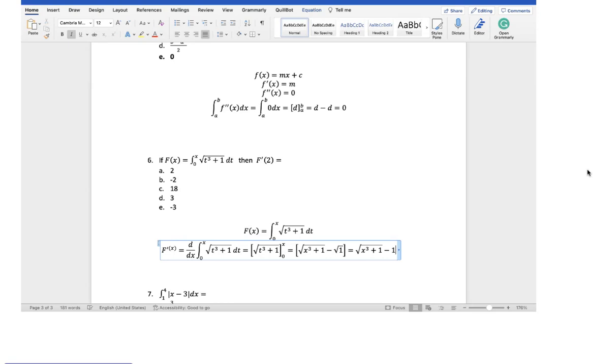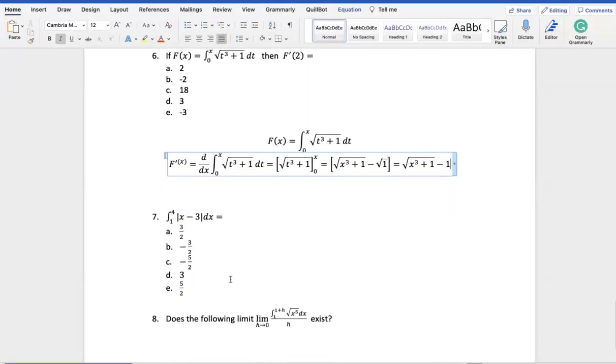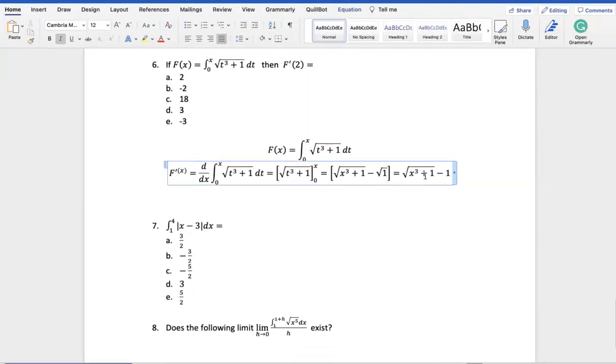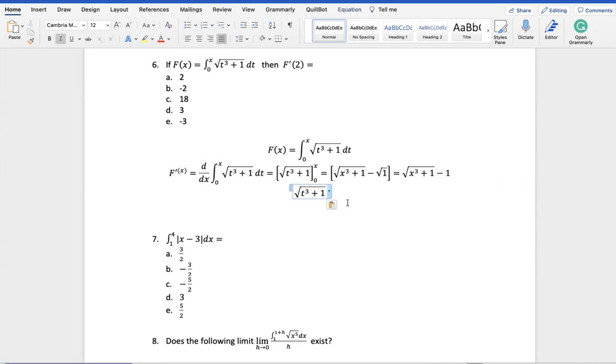Okay, so then when you get this, you are asked to find this derivative evaluated at 2. So you just substitute 2 into the function that you just got. So you're looking for f prime evaluated at 2, which will just be equal to the square root of 2 cubed plus 1, minus 1, right?